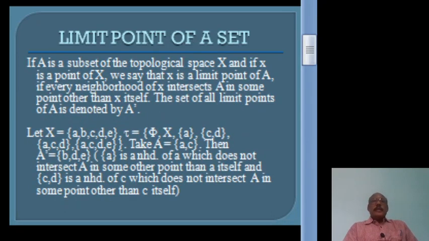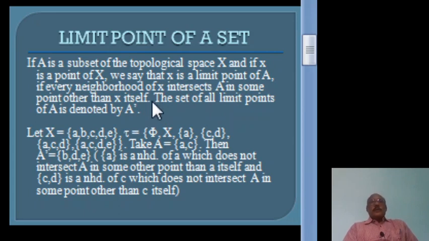Now let us define the limit point of a set. Suppose A is a subset of a topological space X, and we consider a point X in X. This X is not necessarily a point of A, it is an arbitrary point in X. We say that this X is a limit point of A if every neighborhood of X intersects A in some point other than X itself.